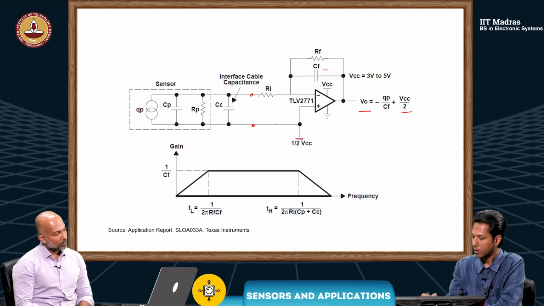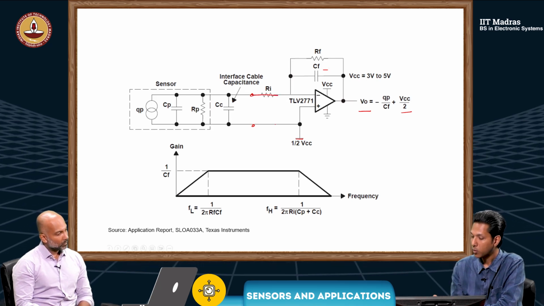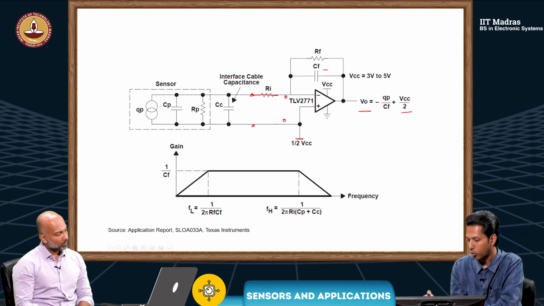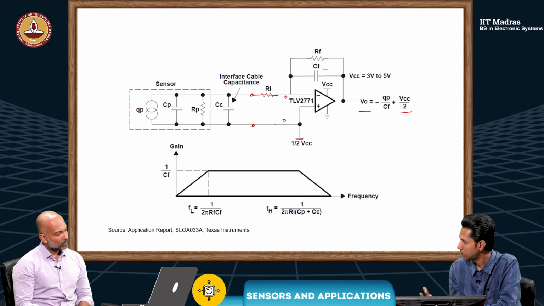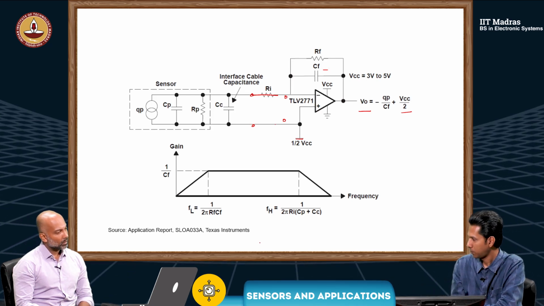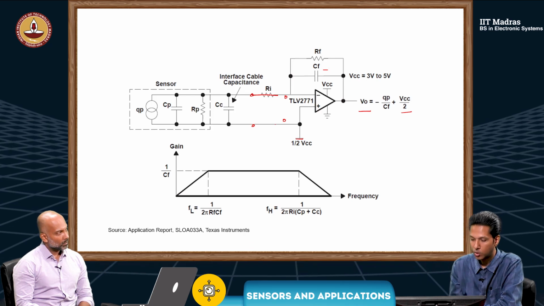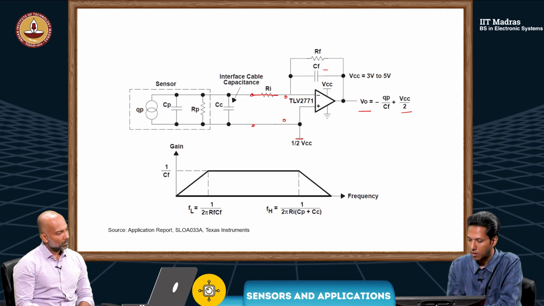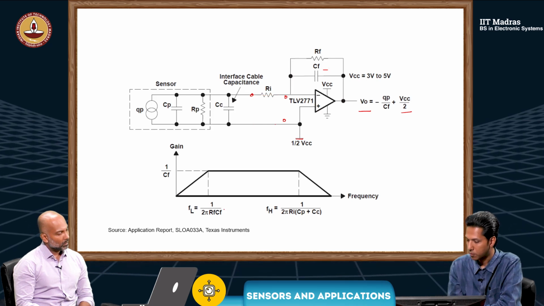Let us assume this is very low, because these two are at the same voltage, CC cannot charge. So, it does not affect the charge transfer. The internal cable capacitance will not affect our charge transfer. That is good.